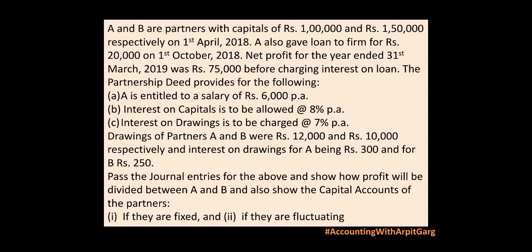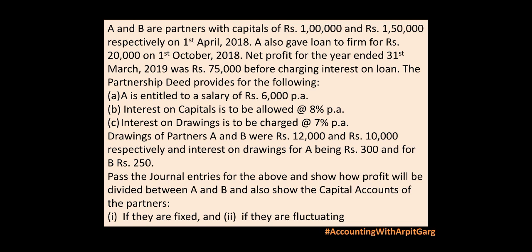The partnership deed provides for the following. A is entitled to a salary of rupees 6,000 per annum. Interest on capitals is to be allowed at the rate of 8% per annum.